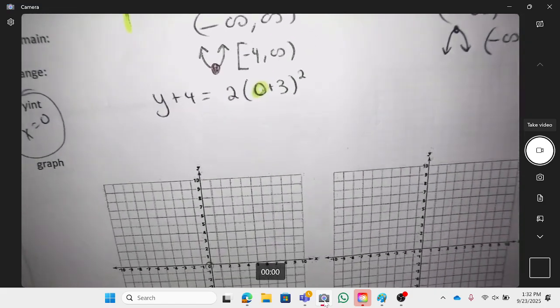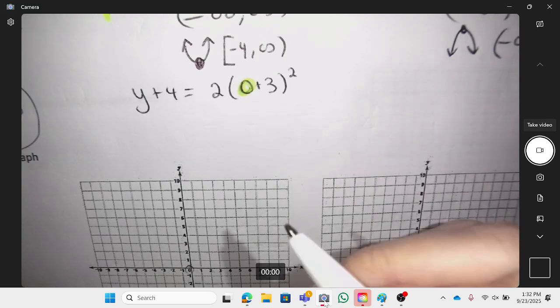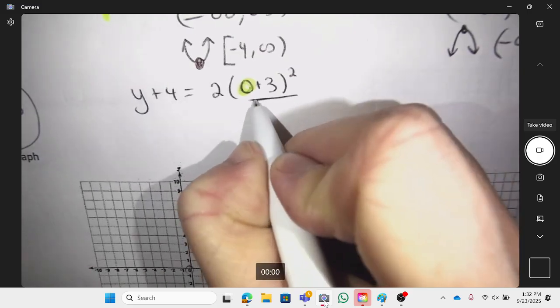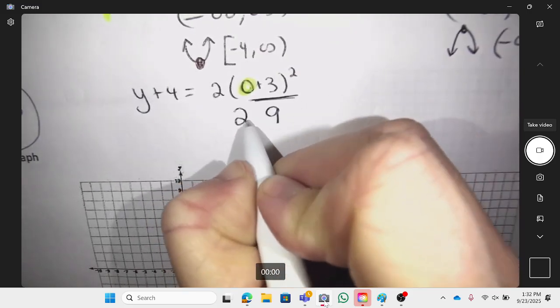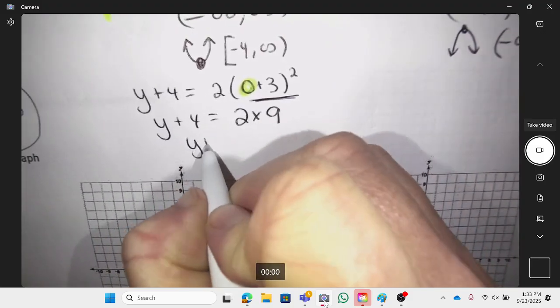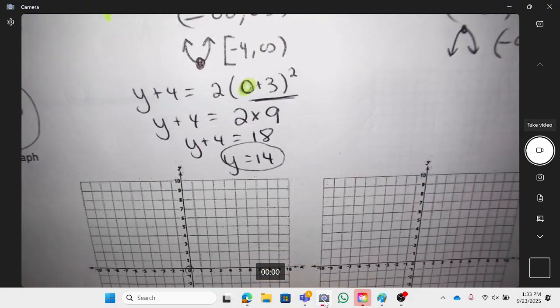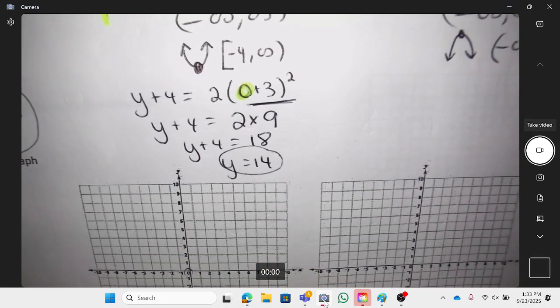That's a plug in. Okay, please think about bed mass. Get your bracket number, square it, times it, add or subtract. Bed mass. So that is 9. Oh, yes.